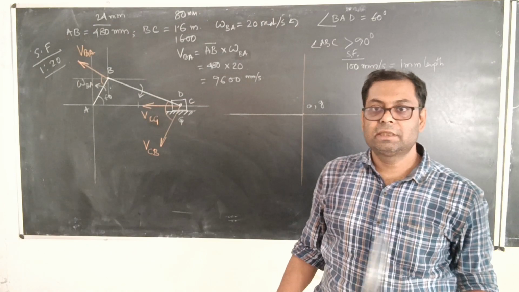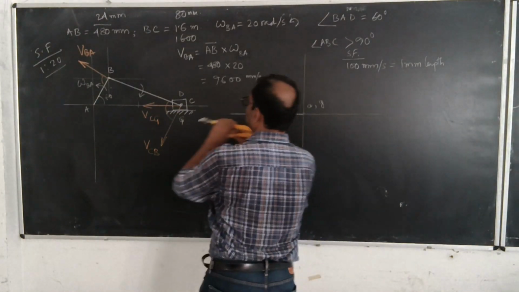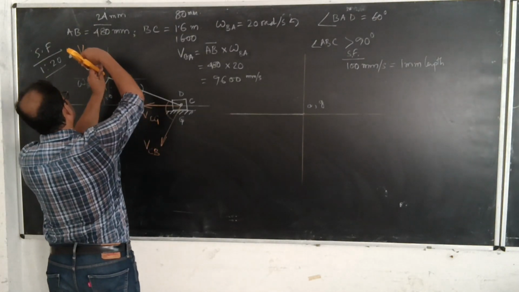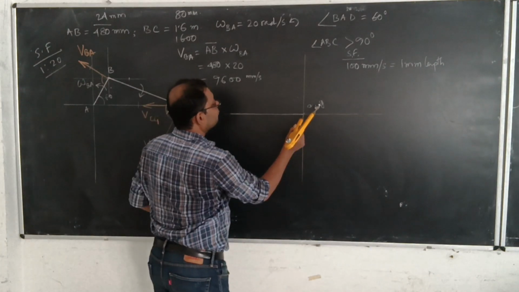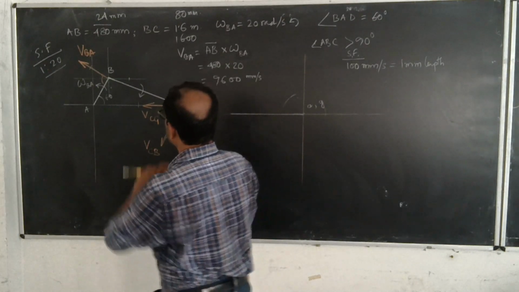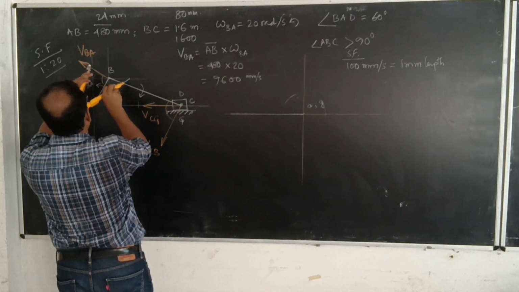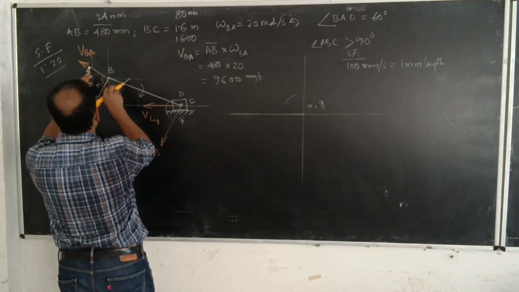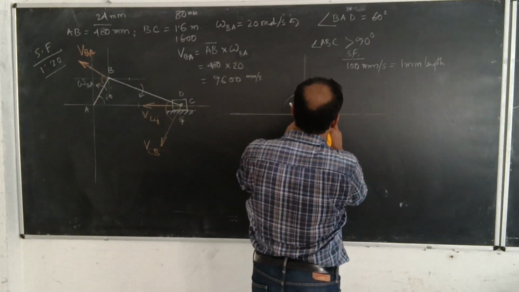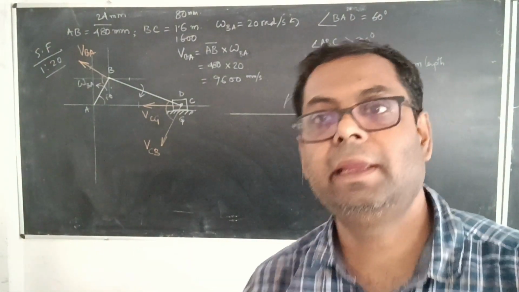So a local coordinate system we have drawn over here, and again, we got the point where they are intersected.